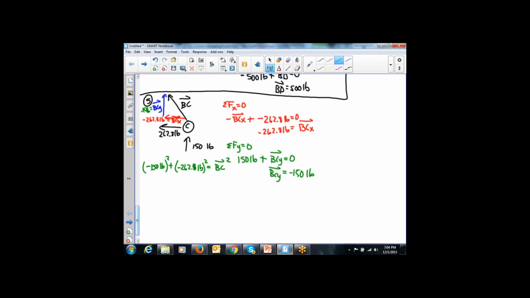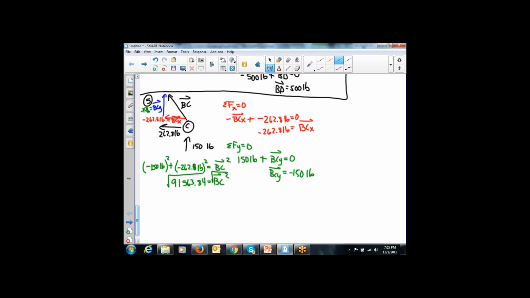When we square root that, we end up with 302.6. So I'm going to end up with 91,563.84 equals BC squared.